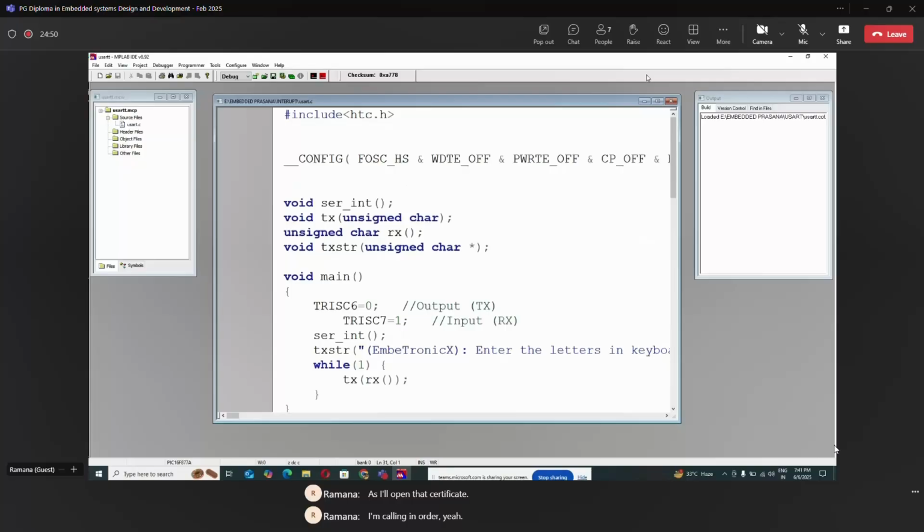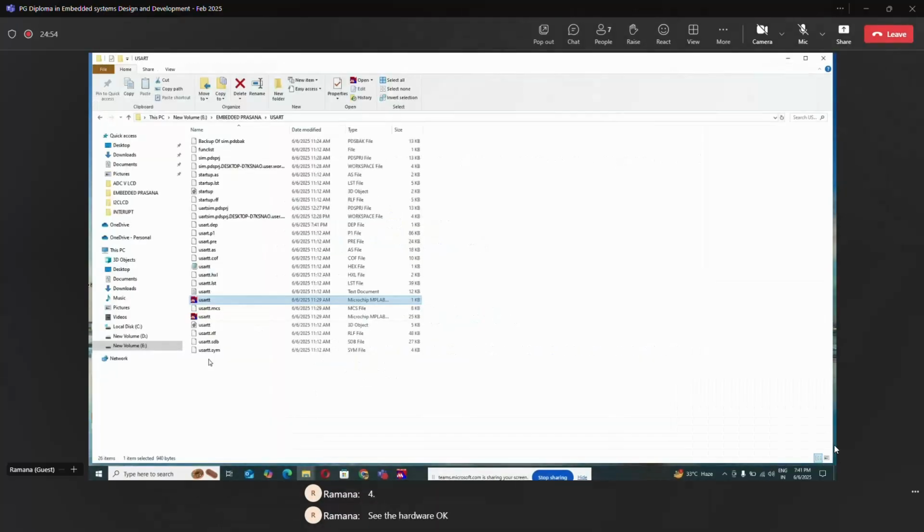That is the code, and we see the hardware. Okay.